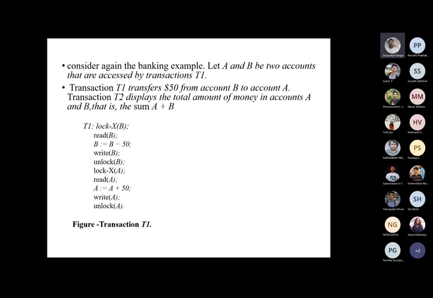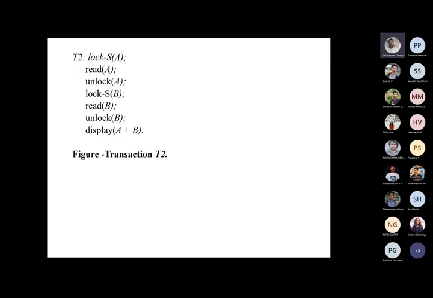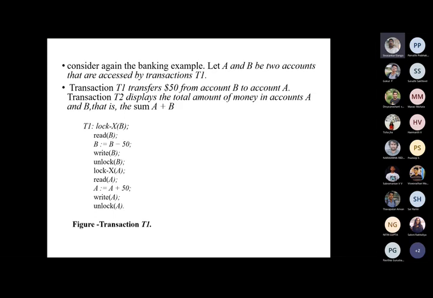So last class we started with this simple example. The first transaction is to debit $50 from account B, and it has to credit it into account A. And the second transaction was to read the values of account A and account B, and to display the sum of accounts A and B. Since we are going to use a log-based protocol, whenever you are going to perform both read operation and write operation on a particular data item, we were using an exclusive mode lock, right?